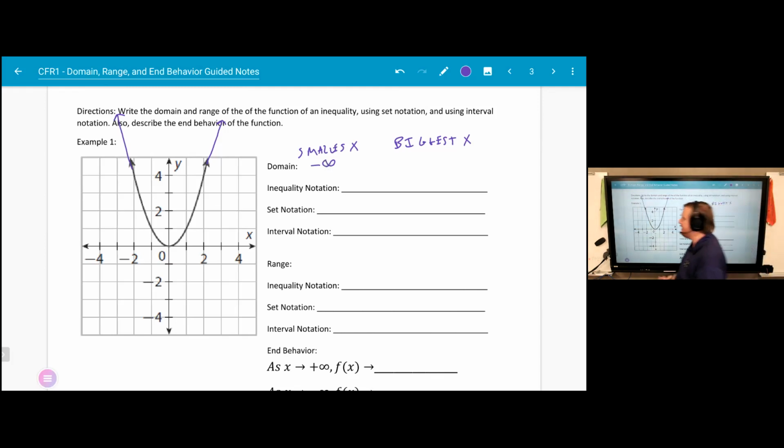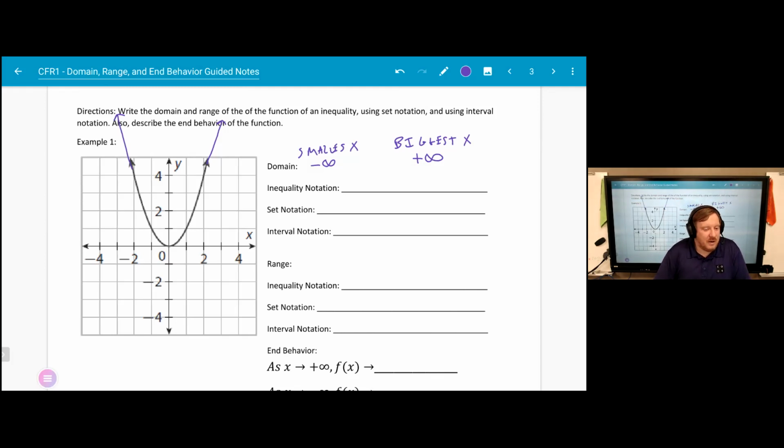Just like the biggest x, if I keep going this way, if I plug an x value in right here for this graph, I could go up there and find a y value. I could keep going all the way to positive infinity. That is my biggest x value. Now, we're about to do a little something in here that I like a lot.